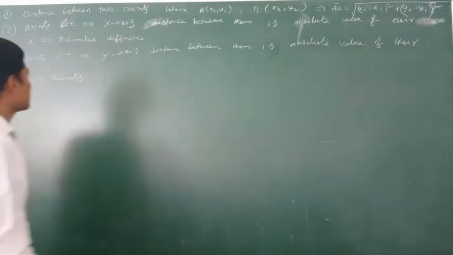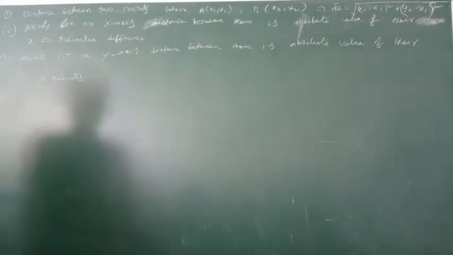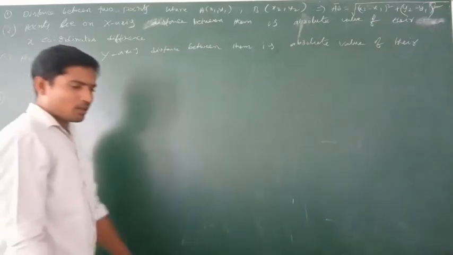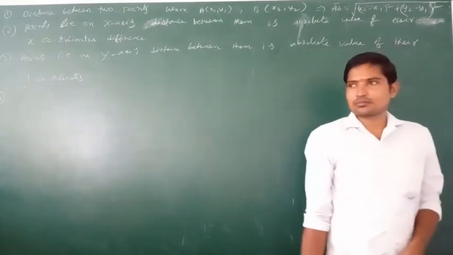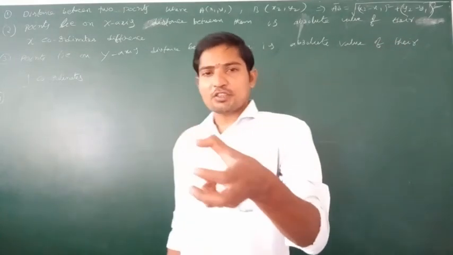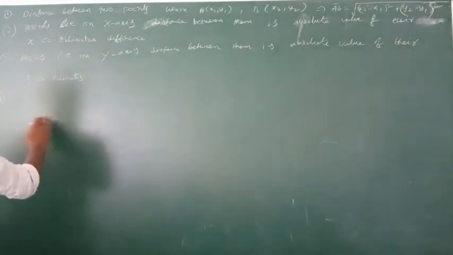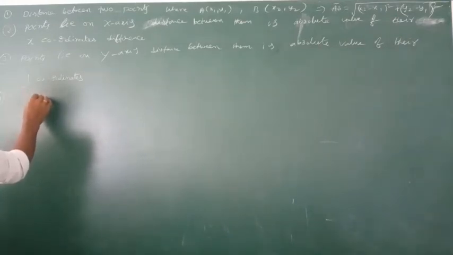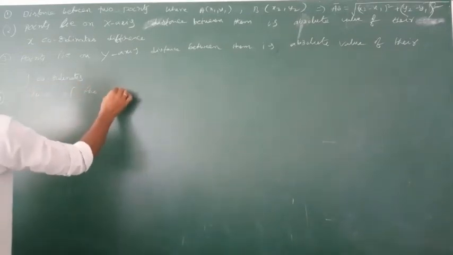And then the fourth thing is the nature of the points. I mean to say, where they lie: in quadrant 1, quadrant 2, quadrant 3, or quadrant 4.